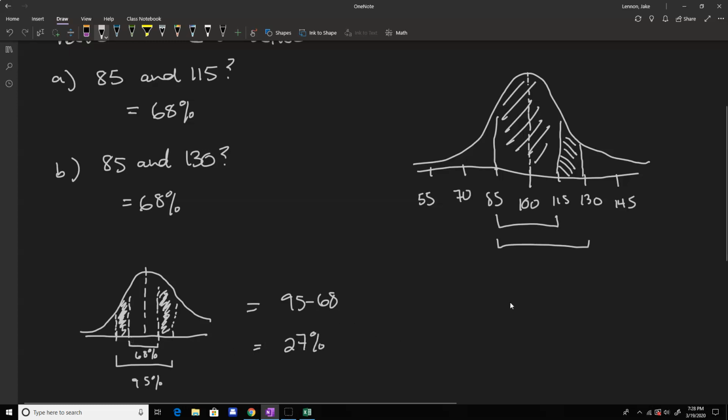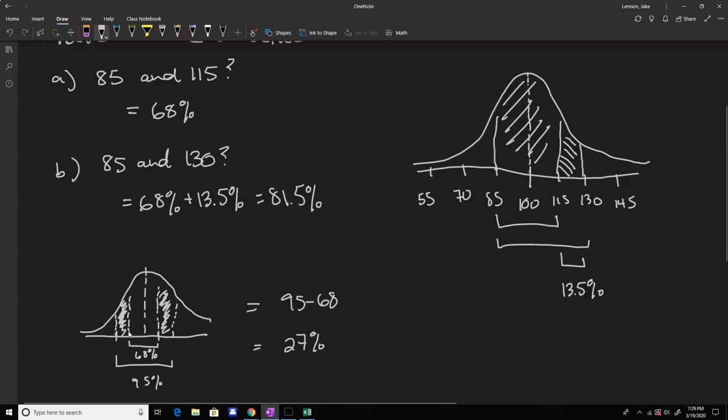Now that's 2 of the sections. So this one little section up here would have half that area, which would be 13.5%. So the answer to B is this 68% plus 13.5%, which comes out to 81.5%.